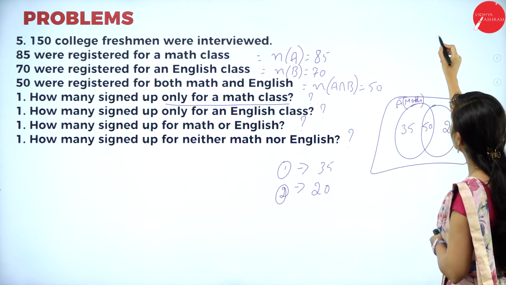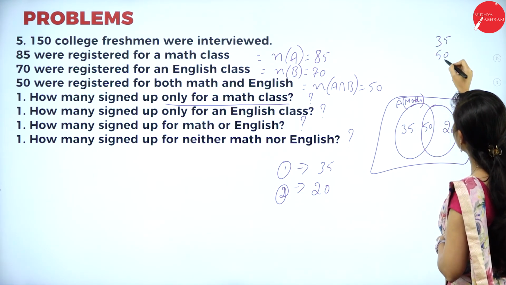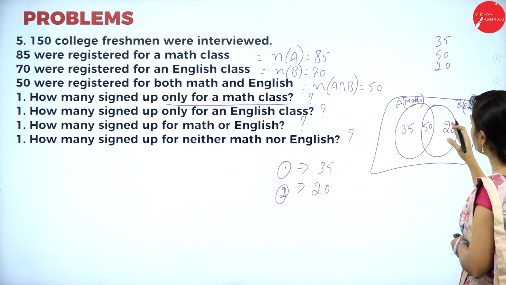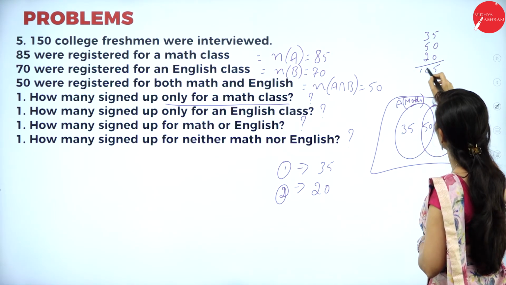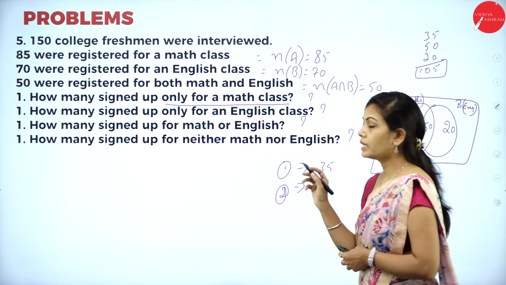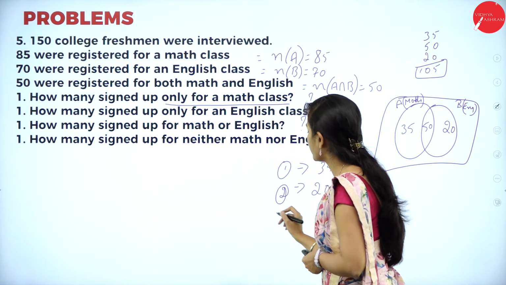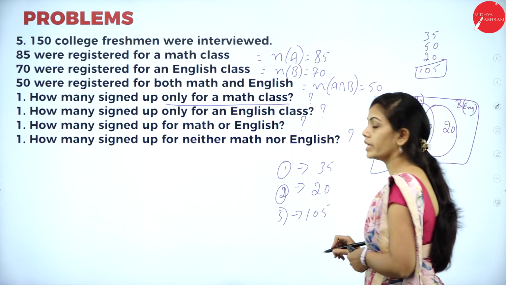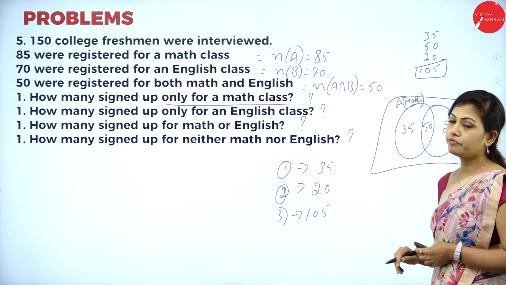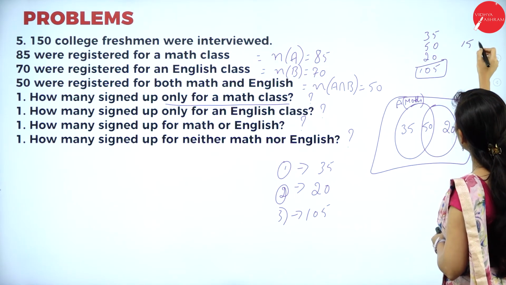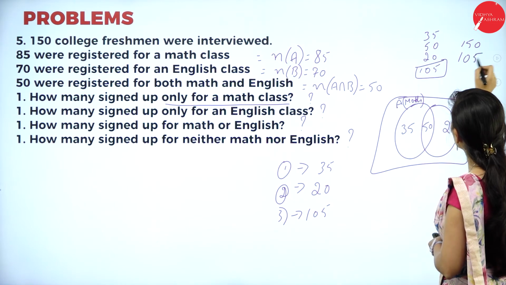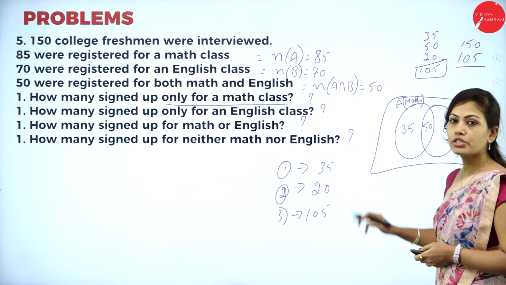And how many signed up for math or English? So totally 35 plus 50 plus 20. How many students are there? 35 plus 50 plus 20, so 105 students. That is 105 students out of 150. So out of 150, only 105 students signed up for English or maths.